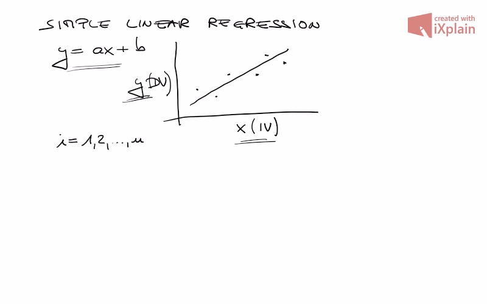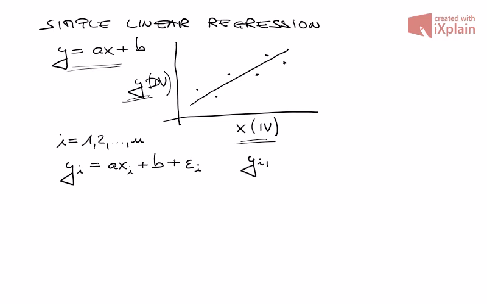For example, n being 5 or 10 or 100, depending on the size of your data set. And for each of these index values, I'm telling you now that a simple linear regression actually corresponds to this model, where all of the things that you see there are real numbers.